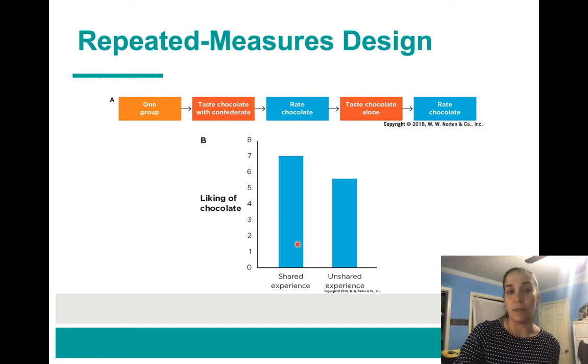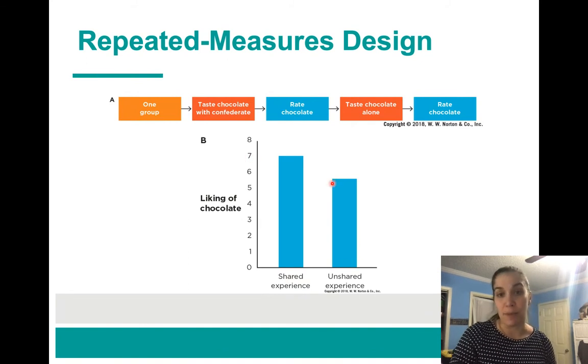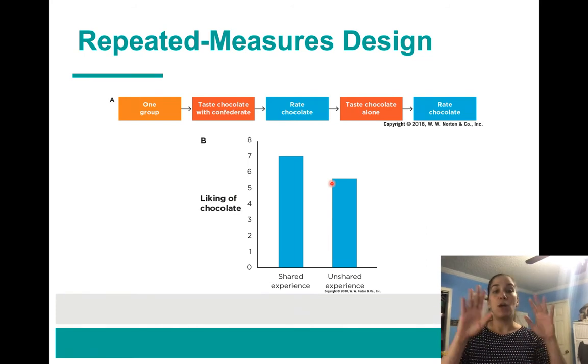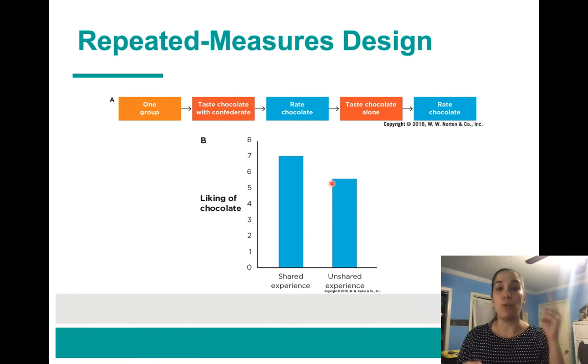So having chocolate with somebody, having a shared experience might result in higher chocolate rating than having an unshared experience. Okay, so repeated measures design is where everybody in your group is exposed to all levels of your independent variable. In this case, we have 2 levels of our independent variable, and therefore every participant got exposed to 2 levels.